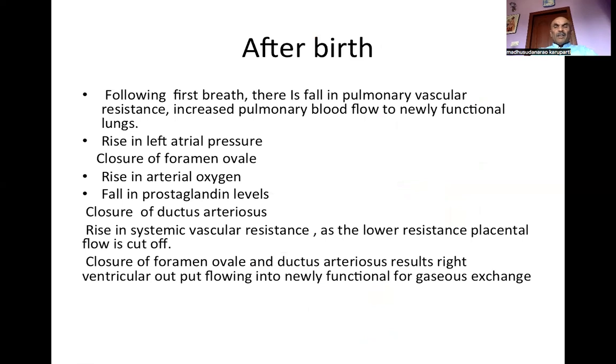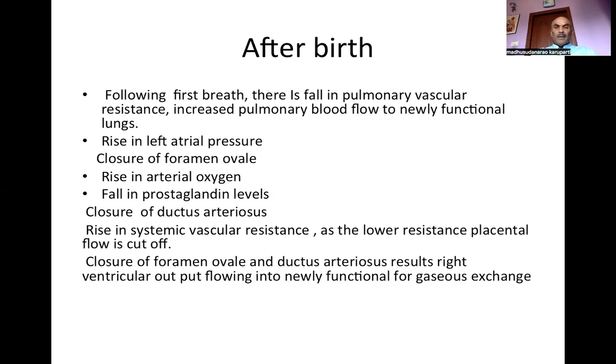So what happens after birth? Following the first breath, there is a fall in pulmonary vascular resistance, which is high during fetal life. Once the alveoli are open and blood vessels are exposed to oxygen, there will be pulmonary vasodilatation and a drastic sudden fall in the pulmonary vascular resistance.